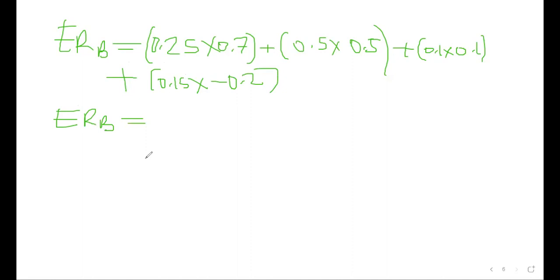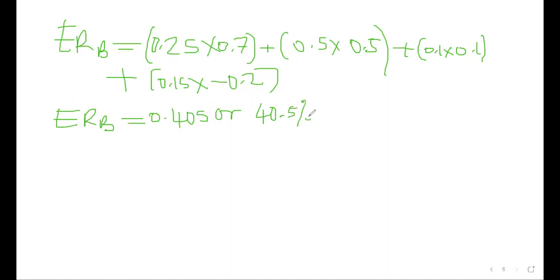So the answer will be 0.25 by 0.7 plus 0.5 by 0.5 plus 0.1 by 0.1 plus 0.15 by negative 0.2. So the answer is giving us 0.405, or 40.5%.